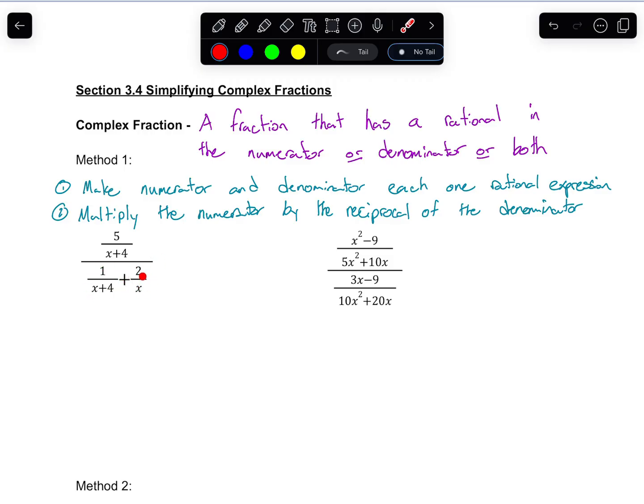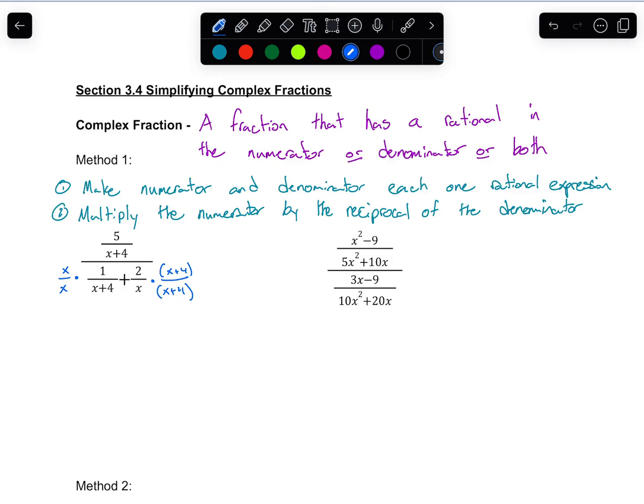So what we're going to do is use our adding and subtracting rationals to combine this and make it one fraction. In order to do that, we have to get common denominators. So I'm going to multiply the second term by x plus 4 over x plus 4, and I'm going to multiply the first term by x over x.